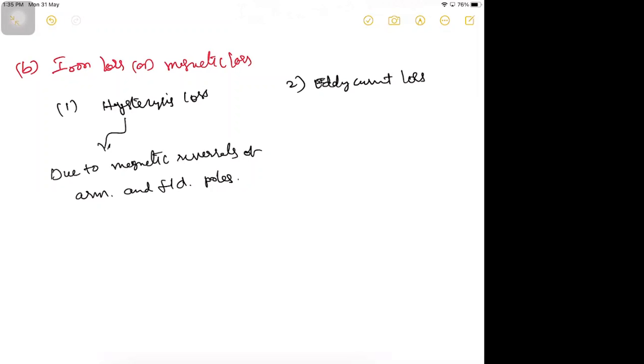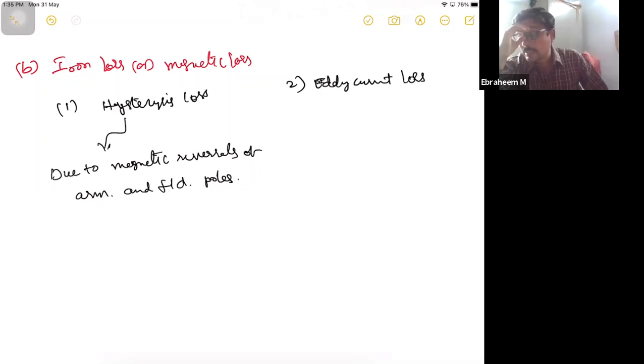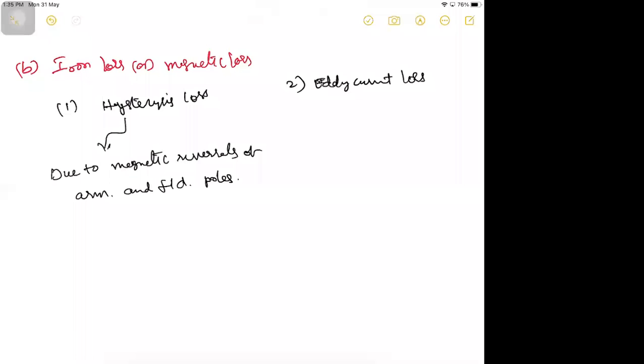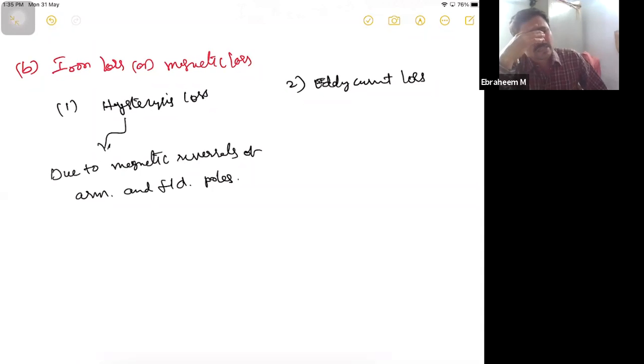Okay, what I told you is that this hysteresis loss is due to magnetic reversal of the magnetic material of the machine. And now the question is, what is the meaning of magnetic reversal?